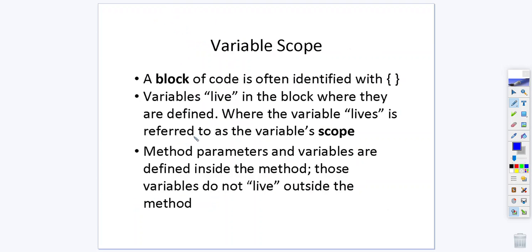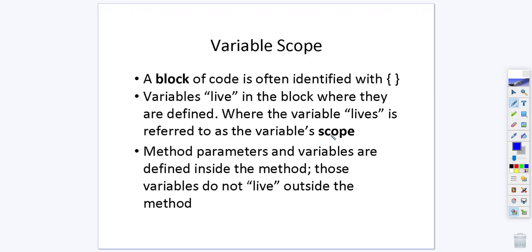So let's talk about the scope of a variable. A block of code is normally represented with curly braces. So you can recognize your class by where it opens and where it closes, or your methods. Variables can only exist in the block they are defined. Where it's defined is referred to as the scope.